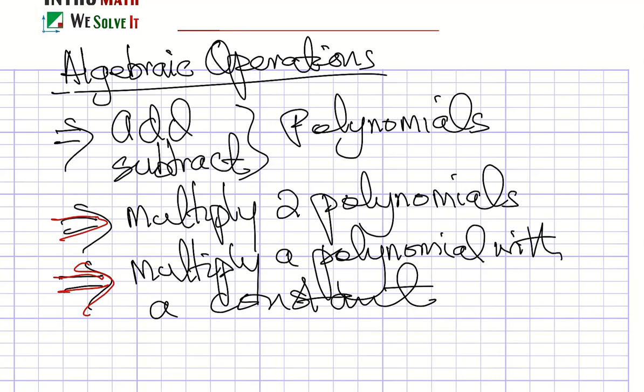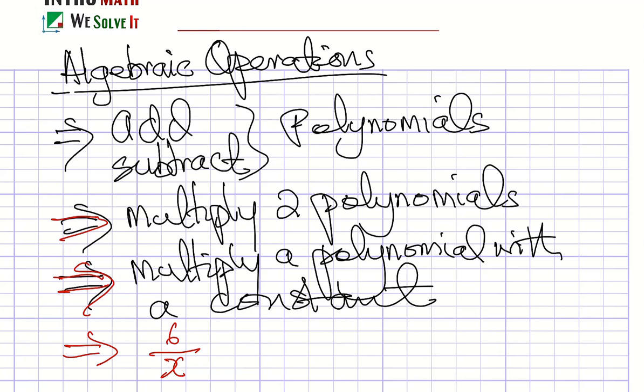Division with polynomials is kind of tricky. If you divide a polynomial by another polynomial, you may end up with something like 6 over x. You can't divide by a variable, so that's a problem. When you divide one polynomial by another, it may or may not be a polynomial.